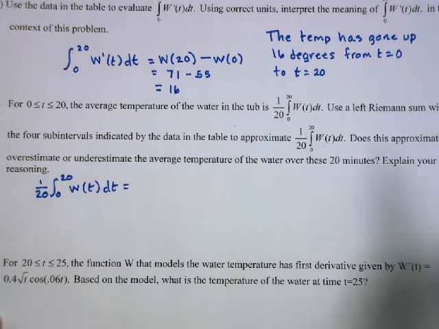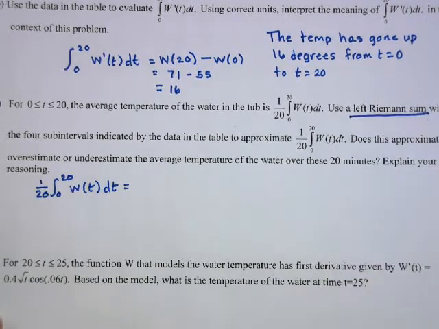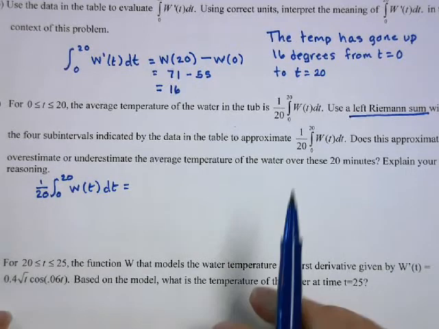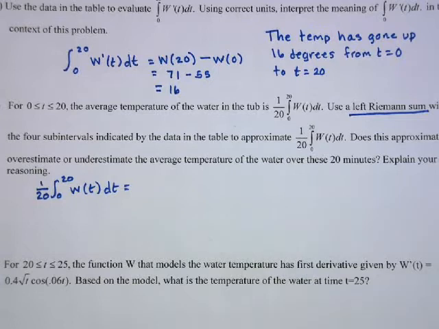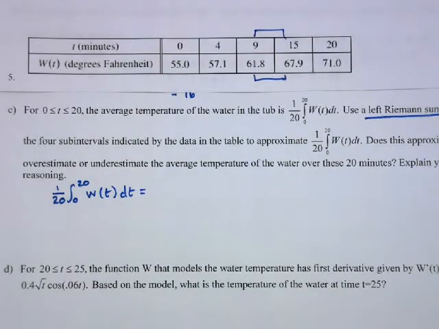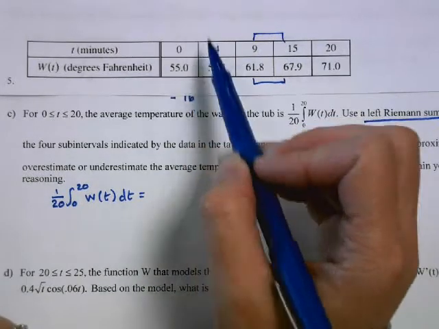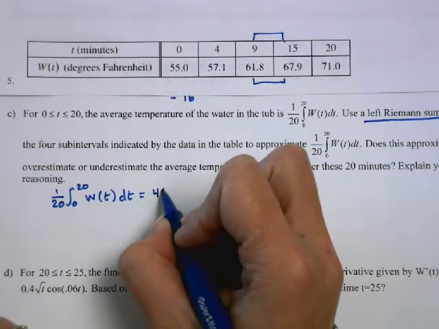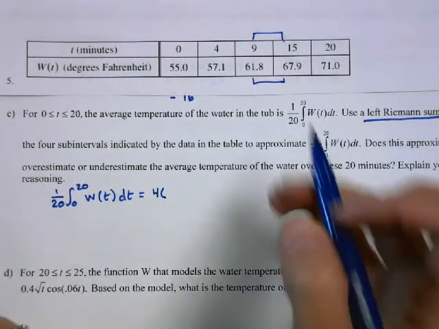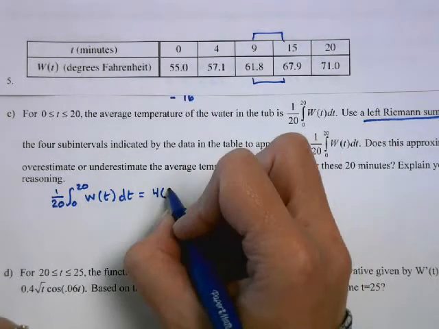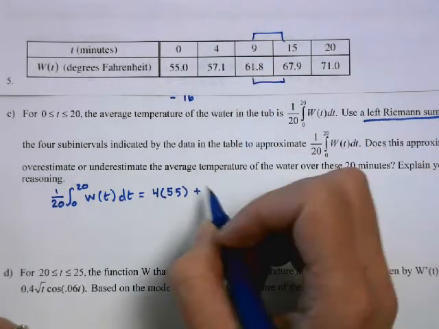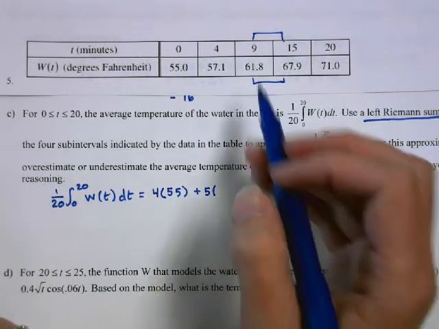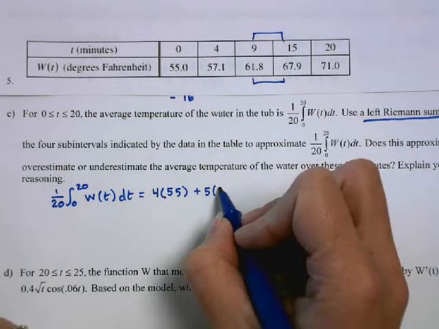Okay, they tell us how to do this. They want a left Riemann sum, so the endpoints are going to be on the left side. The widths of our rectangles are the distances between the t's. So the width for my first rectangle is 4, and the height is evaluated at the left side, which is 55. The second one, the width is 5, and the height is 57.1.